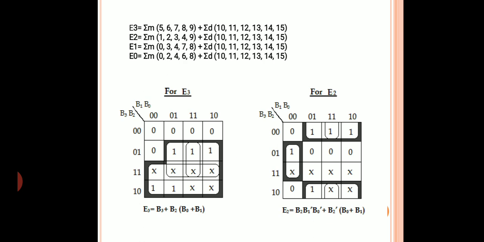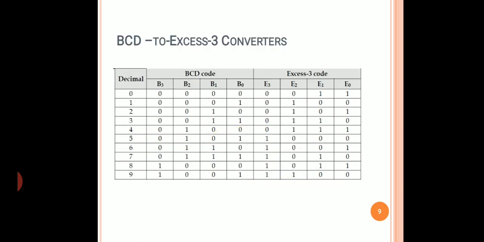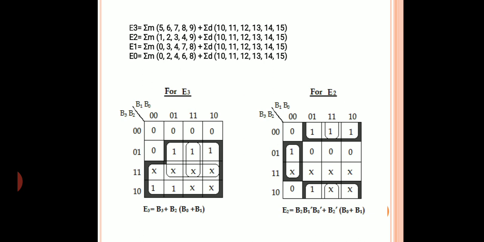E3, the first expression, the 5, 6, 7, 8, 9 are the min terms where E3 is 1. You will observe this in the truth table. This is how for 5 to 9 E3 is 1. But what for the cells 10 to 15? For these cells we have to enter don't care. Observe in the K-map. First K-map is for E3.